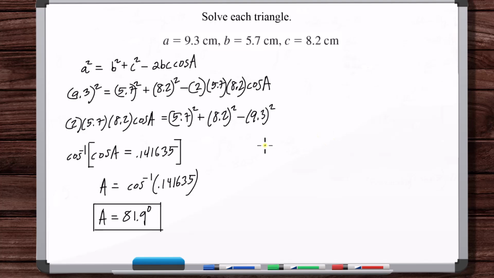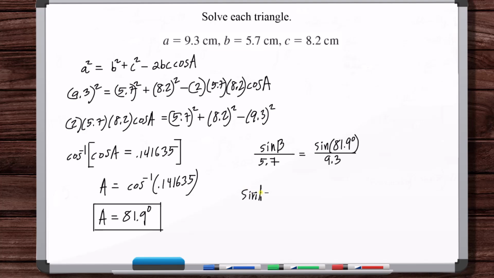So, okay, sine of B over 5.7 is equal to sine of 81.9 over 9.3.